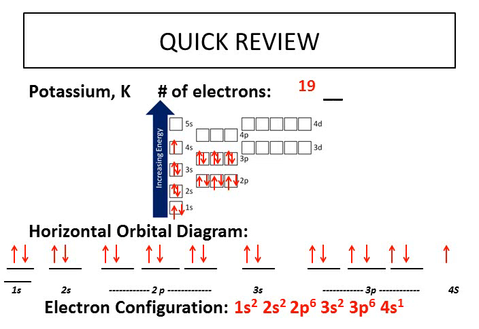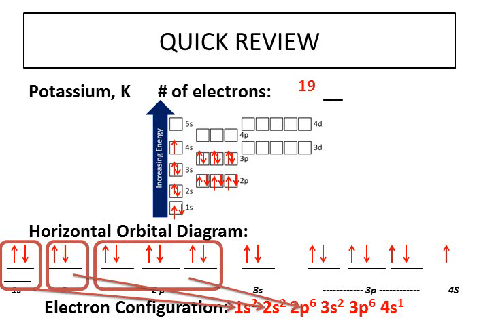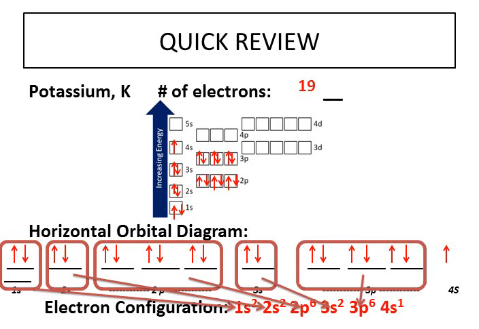Now if I write it in electron configuration, it looks like this. Remember, the first term comes from my 2 arrows found in the first energy level in the S sublevel. And it continues on. So I have 6 arrows in my 2p sublevel. And finally, in the 4s sublevel, there's only 1 arrow.